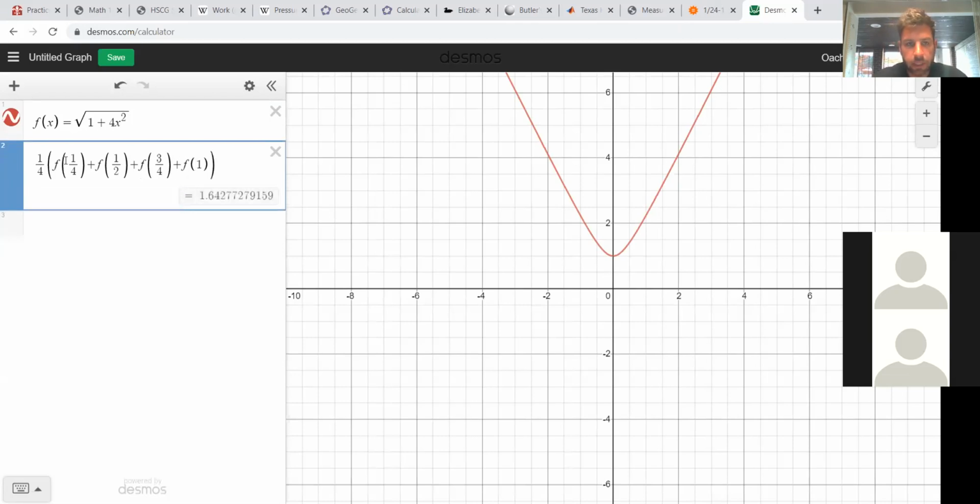And you'll notice that on Desmos, if I just type that in, just like I did on the whiteboard, I get the same answer, 1.6 something. Does anybody have a comment or a question on this?